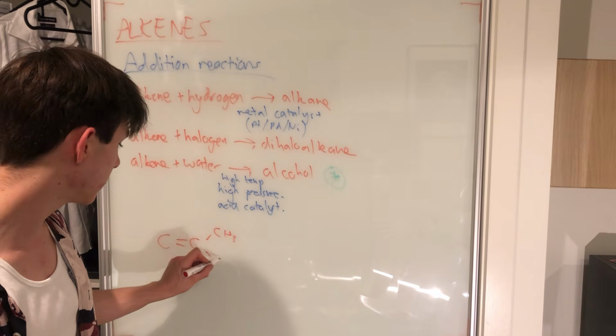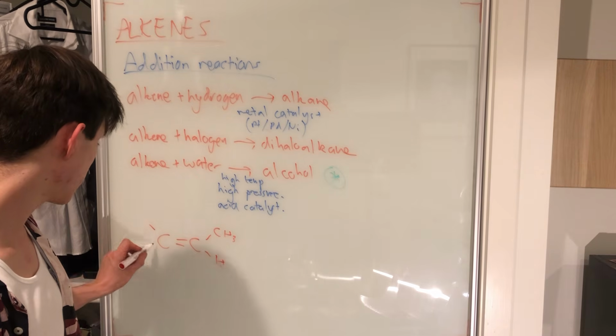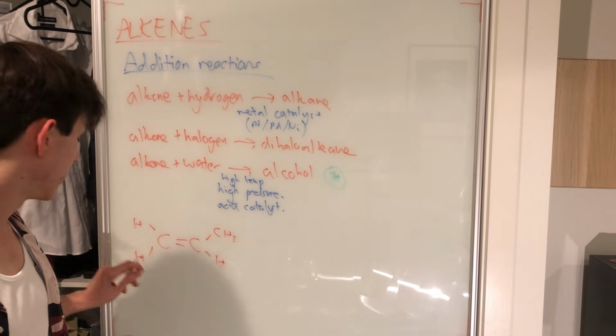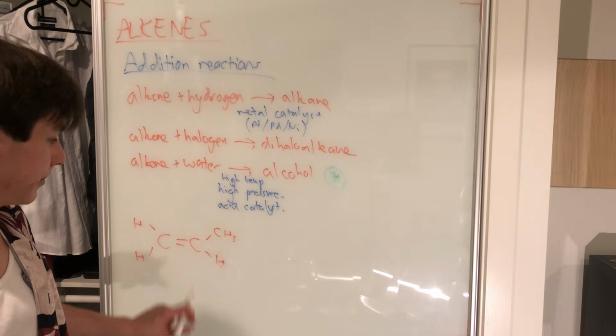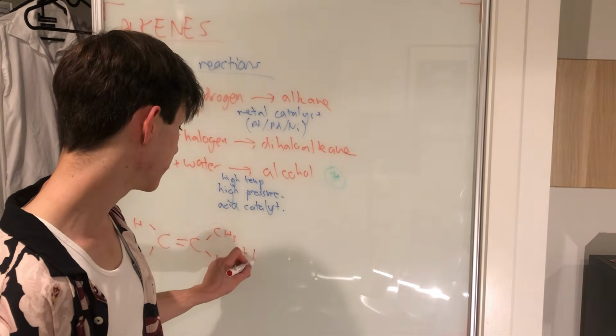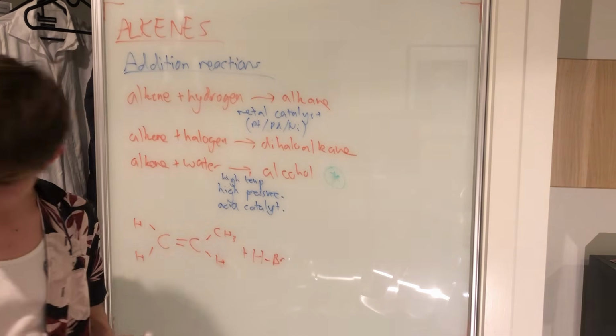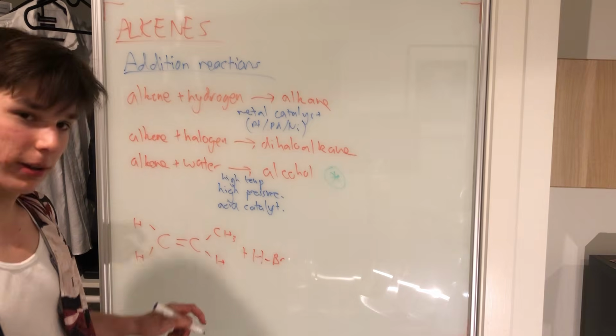This is important again, and you'll see why. So we've got propene. We're going to add a hydrogen halide across the double bond. So let's go HBr. You might see where this is going.